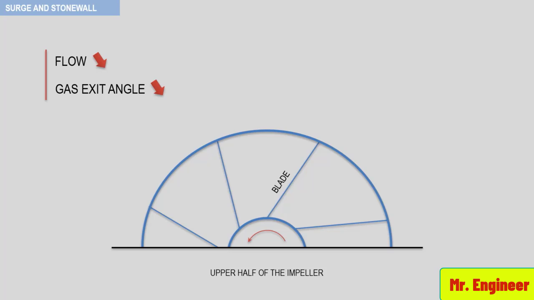Here you have the tip speed and the relative velocity corresponding to the designed flow. If we sum these two vectors, we will get the absolute velocity r1. r1 will have a gas exit angle θ1 as depicted here.